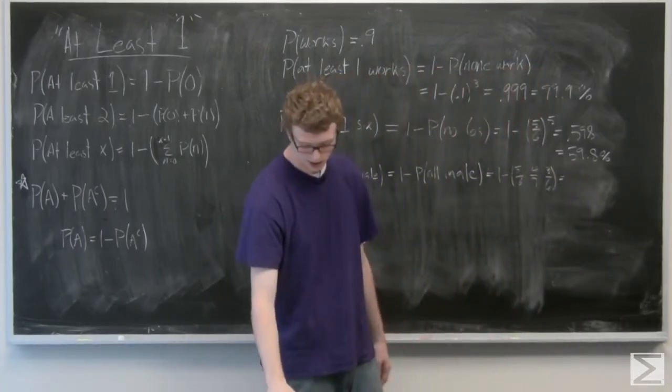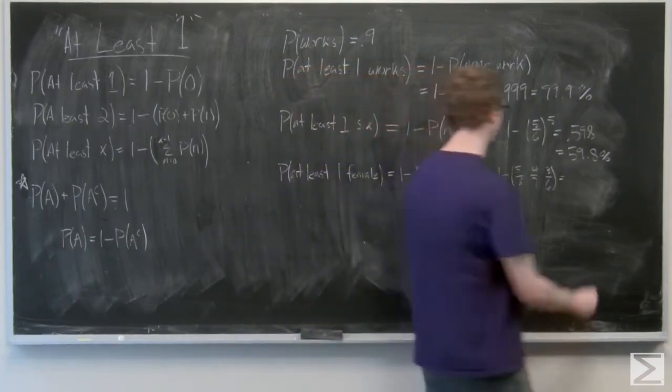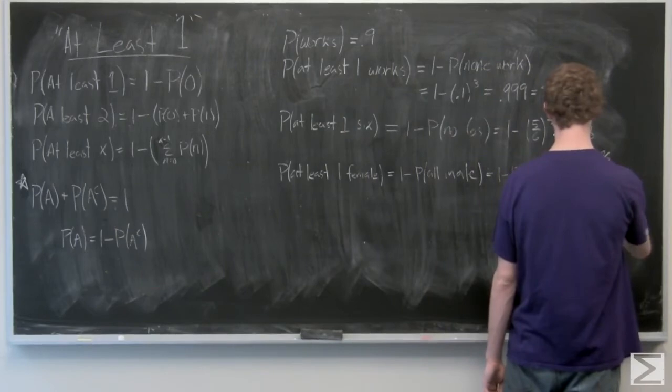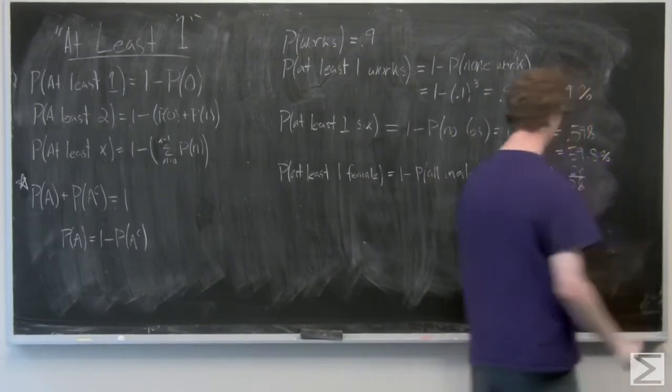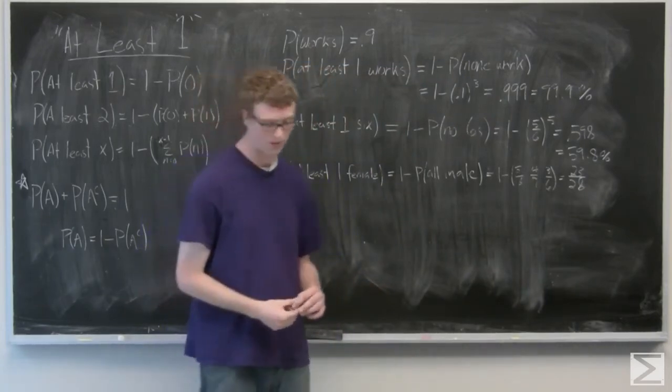And that probability is going to be 1 minus 5 out of 28, or 23 out of 28. So that's the probability that at least 1 is going to be female.